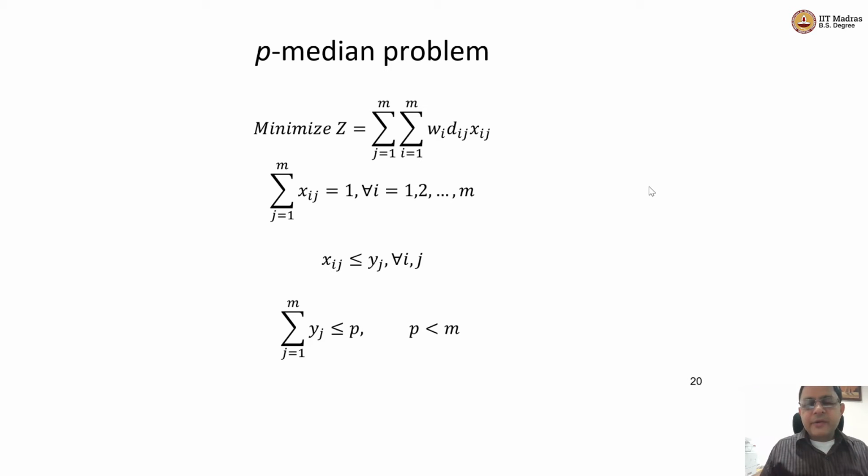Now, we discussed that here, unlike set covering problems, we had a variable xij, and xij represented an assignment variable.